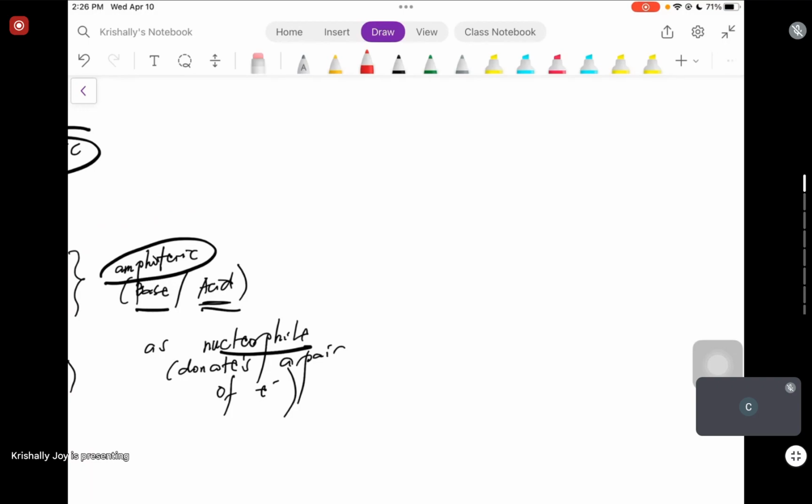For mga carbonyl containing na functional group, diba, this is a carbonyl. Yan yung carbonyl ha. For any carbonyl containing na mga functional group, just like ketone, aldehyde, carboxylic acid, diba, yun yung mga halimbawa na may carbonyl sa kanilang functional group.